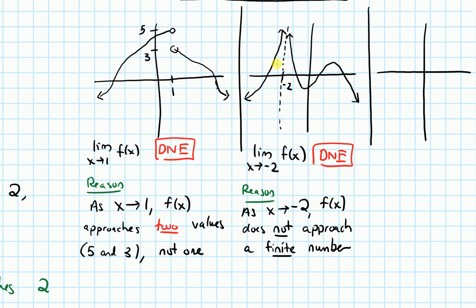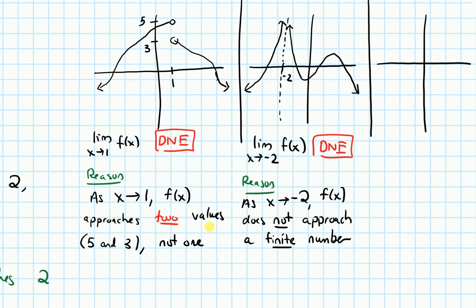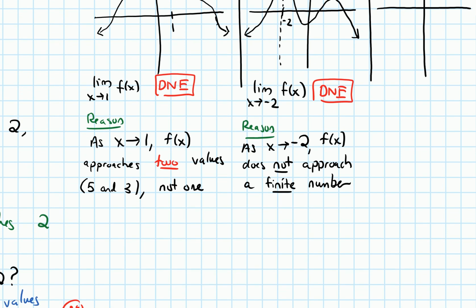Because it seems like as x gets really, really close to -2 on the graph, the y values seem to get infinitely large. But for the limit to exist, the y values are supposed to get close to a single finite number. And here they're not approaching a finite number at all. That's why the limit doesn't exist.